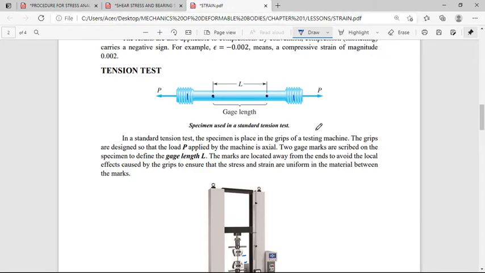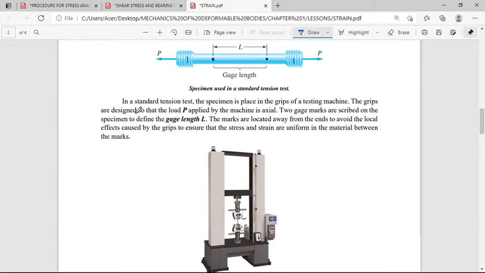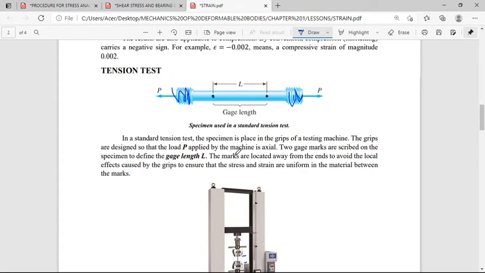So, yung marks daw na yan are located away from the ends to avoid the local effects caused by the grips. Kasi itong mga parang roscas na to, yan yung isasangat mo sa grips. So, dapat, kapag nag-set ka ng gauge length, medyo malayo dun sa pinakadulo niya, no?